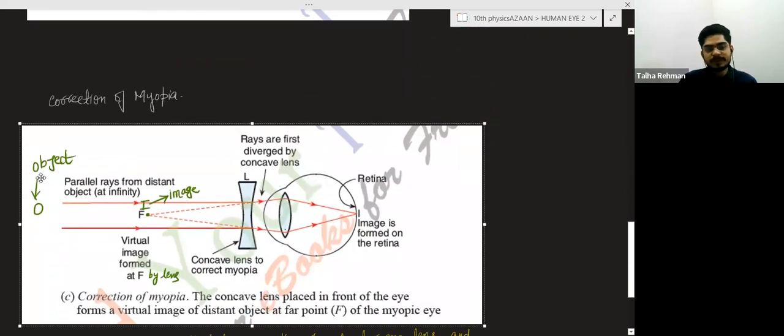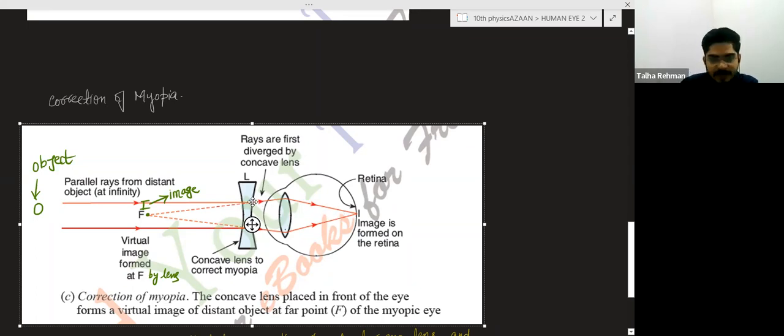What we do is, this is the object and this is the myopic eye, and this eye wants to see this object. From this object the rays will be parallel. If this lens is not there, then the image will form in front of the retina, as we have discussed.